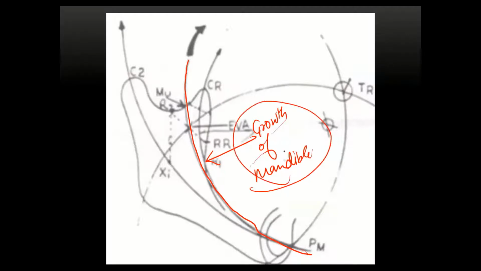This is the arc which represents the growth of the mandible, and this is why it is called the arcial growth of the mandible. Okay, I think this is it.